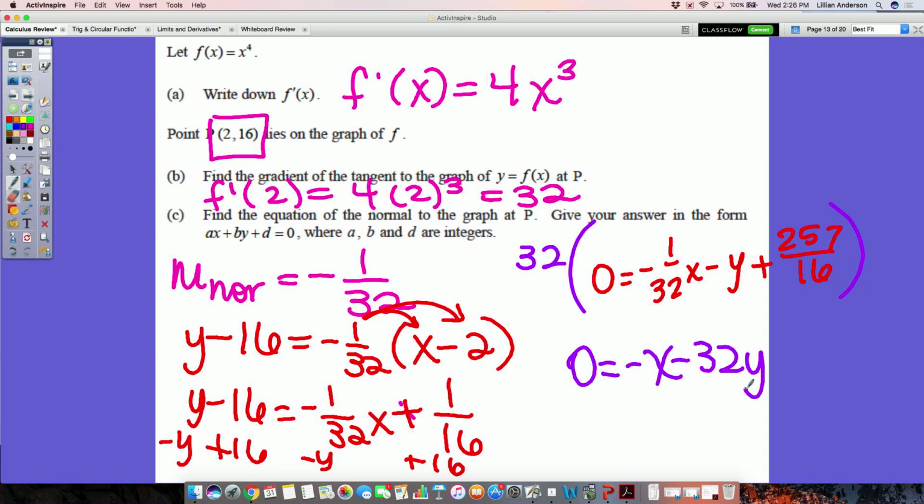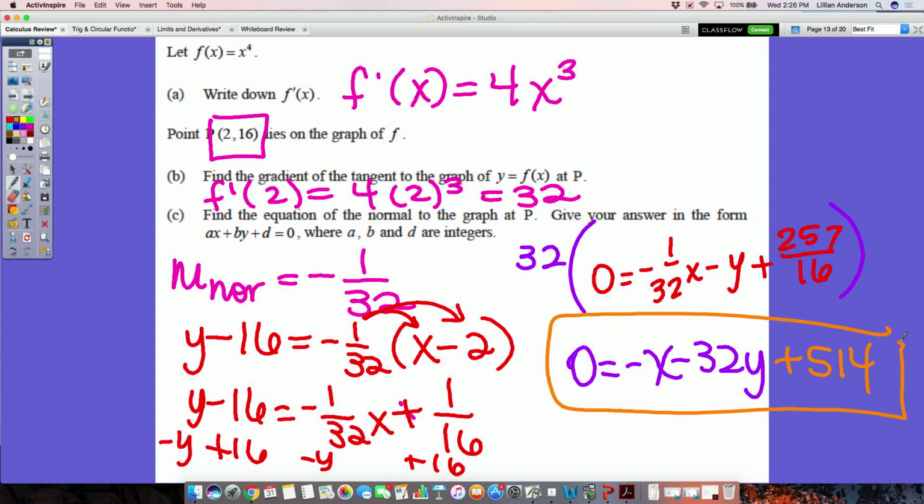And then what's 32 times that large fraction over there? I mean, y'all have the calculators in front of you, right? 514. Yeah, 514. And that is our equation in standard form.